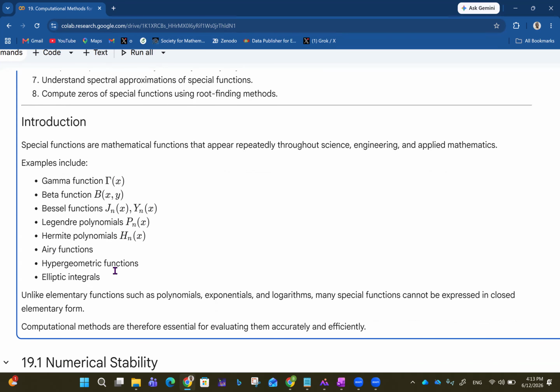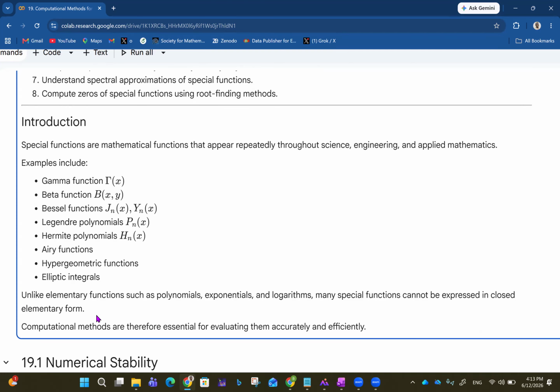Unlike elementary functions such as polynomials, exponentials, and logarithms, many special functions cannot be expressed in closed elementary form. The idea of special functions brings to our notice the fact that functions can be broadly classified into elementary functions and special functions. Under special functions, that's where you have gamma, beta, and all the rest of them, hypergeometric.